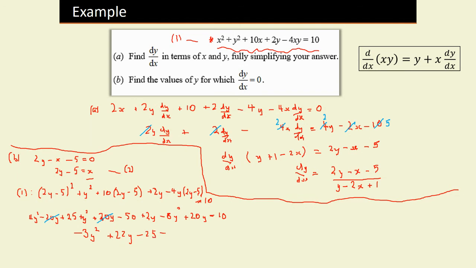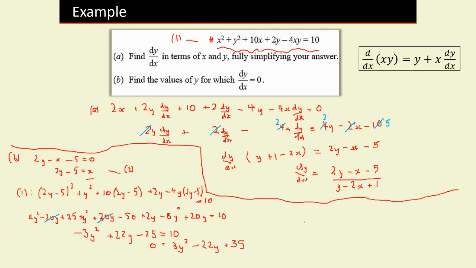And don't forget we've got the equals 10 there. Let's take it all across to the right-hand side so we can make it 0 and have a positive coefficient of y squared. So we've got 3y squared minus 22y plus 35, because we had a minus 25 to go with our plus 10.